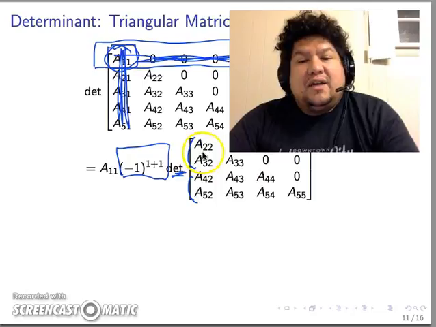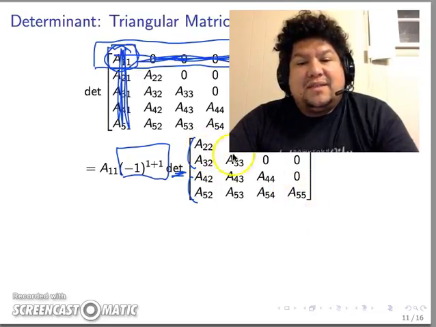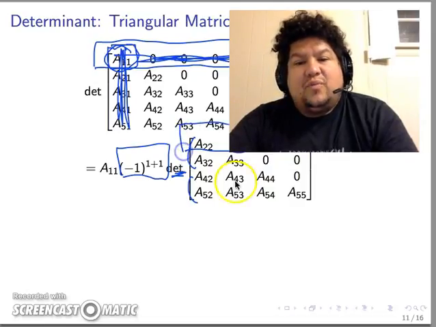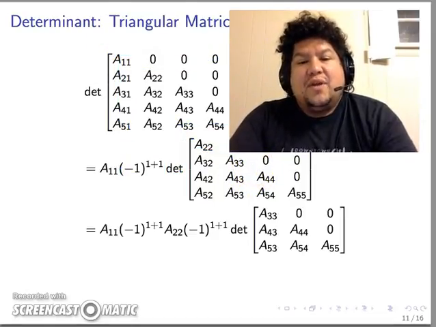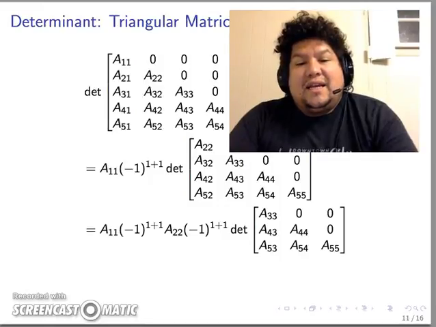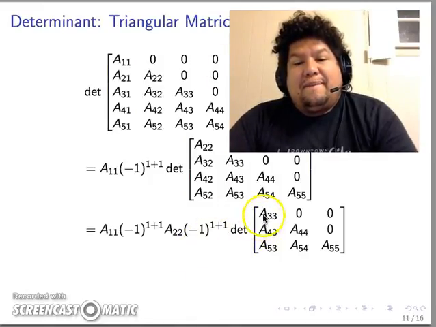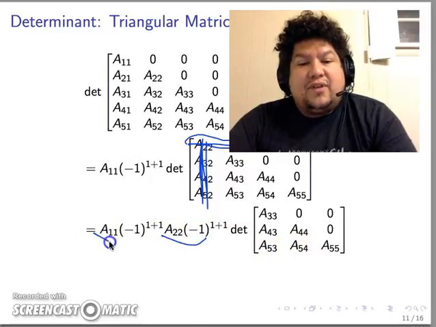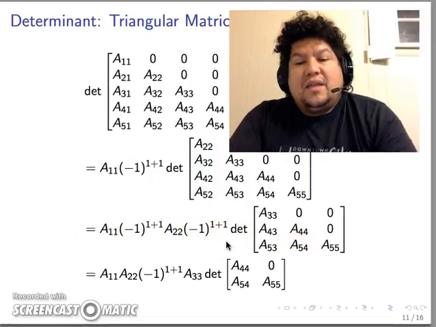And then if we take a look, this matrix is still lower triangular, so we can choose to compute that determinant by expanding over the first row, and that is going to lead us to the determinant that results by excluding the first row and the first column of that 4x4 matrix, which means that now we're dealing with the determinant of this 3x3 matrix, and we keep track of the numbers that we were multiplying from the beginning.